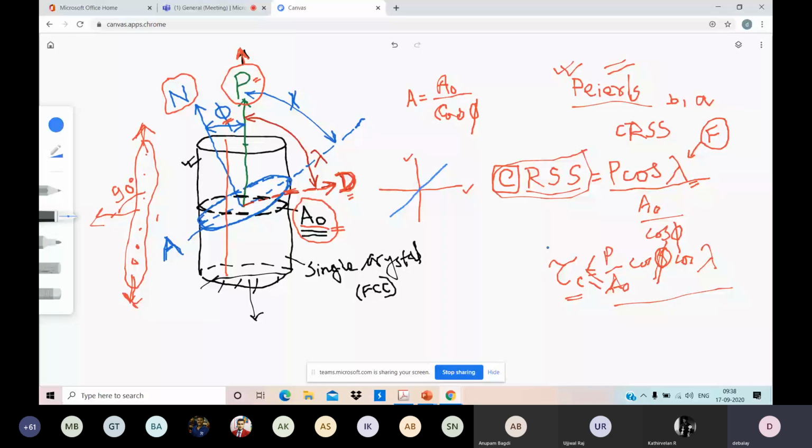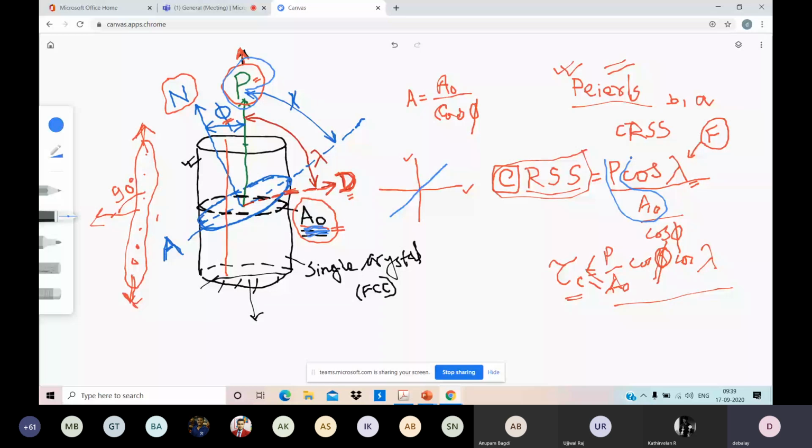Here P by A naught is my principal stress, because it is acting on the plane A naught where there is no shear stress. Principal stress is called principal stress because it acts on a plane where there is no shear stress. So P by A naught is my principal stress, and that makes my principal direction.